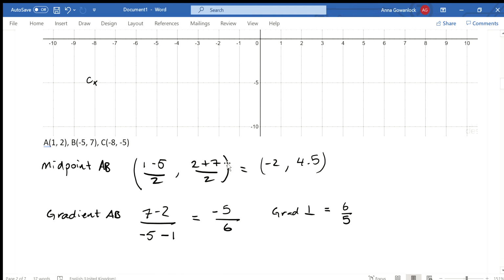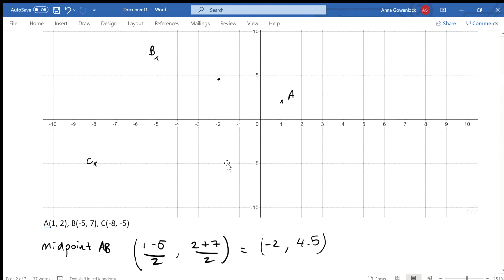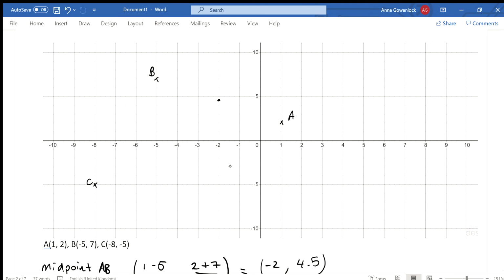That's what that means. 6 over 5, y over x, rise over run. So I'm going to go 1, 2, 3, 4, 5, and then 1, 2, 3, 4, 5, 6. Just about.